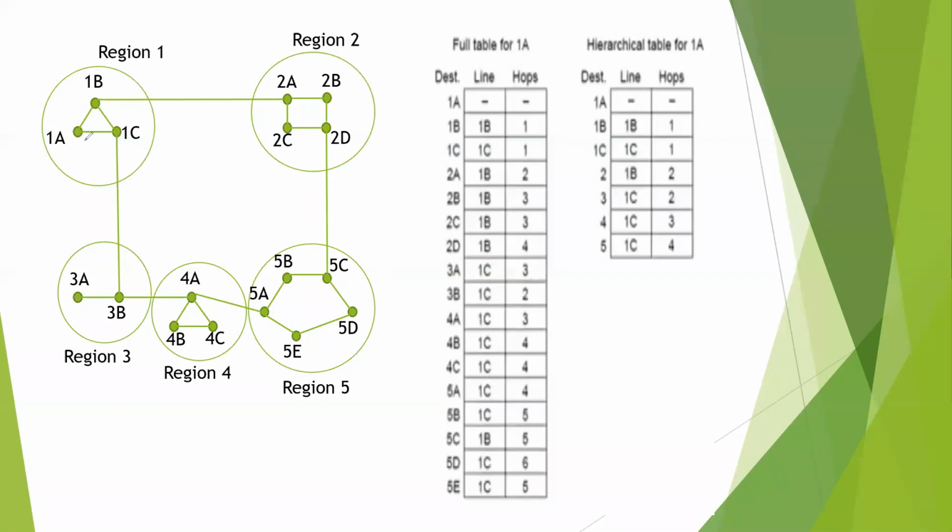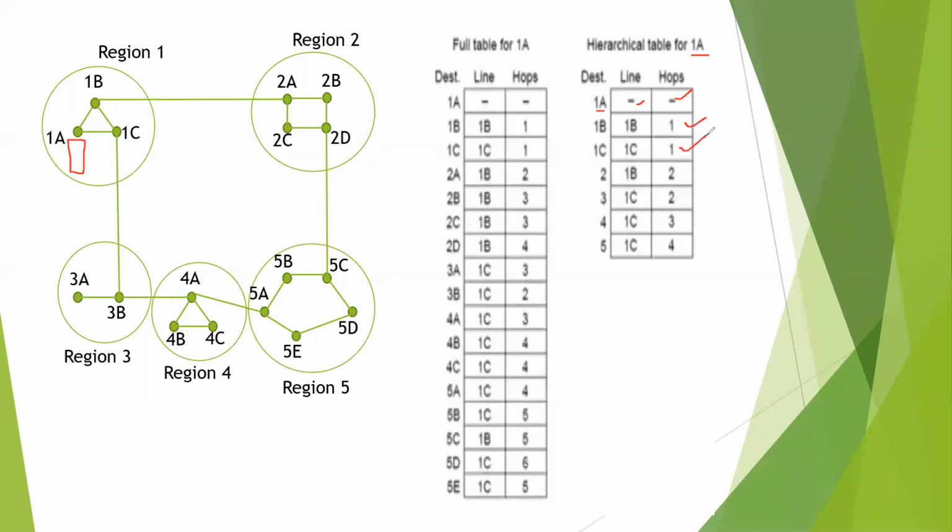When we talk about 1A, it just contains the information regarding 1B and 1C. We already know that 1A to 1A, no line or hops are required, because it is the same router. To reach 1B, it will take 1. To reach 1C, it will take 1.